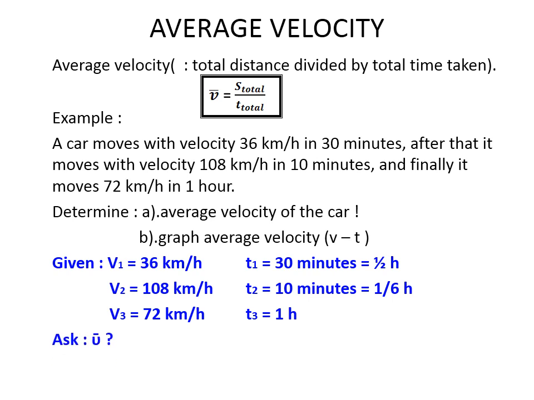And this example asks for average velocity. Because average velocity equals total distance divided by total time, first we should know distance 1 until distance 3.